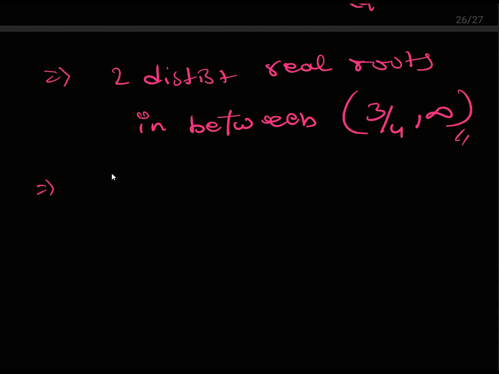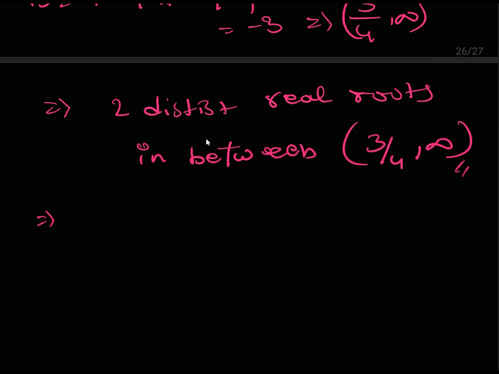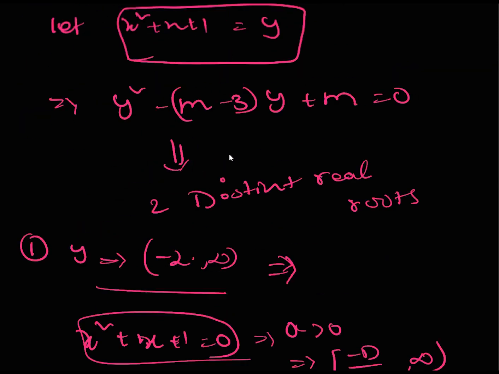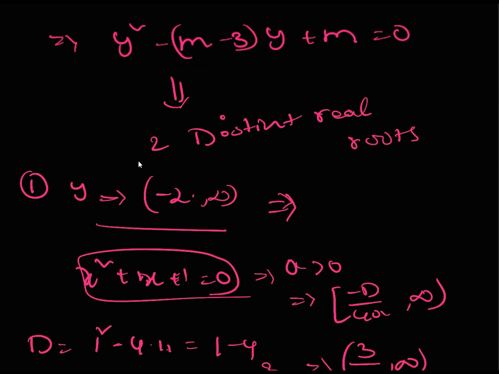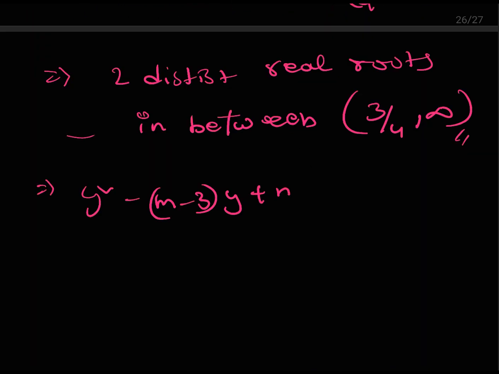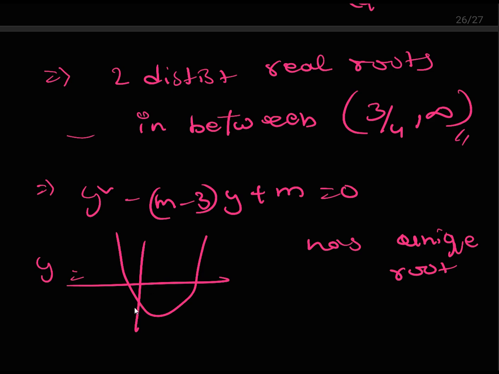Now this equation y square minus (m minus 3) times y plus m equals to 0 should have a unique root, because for any value in between 3 by 4 to infinity, we get two solutions for x, because the graph of y will be like this.